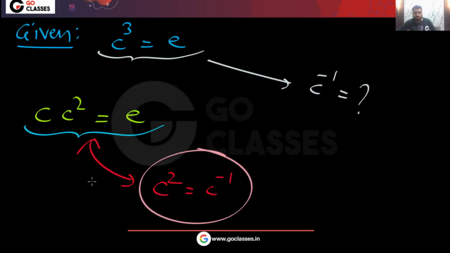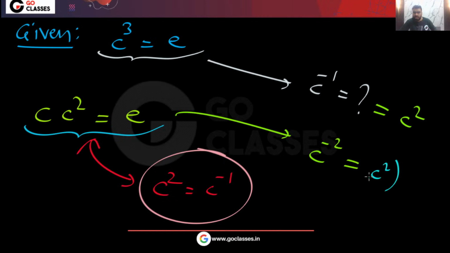I hope you understood. So very simple point: C square is equal to C inverse, or C inverse is equal to C square. So like this you can easily find it. Or I can say, what will be C power minus 2? That is basically C square inverse, and C square inverse is C.